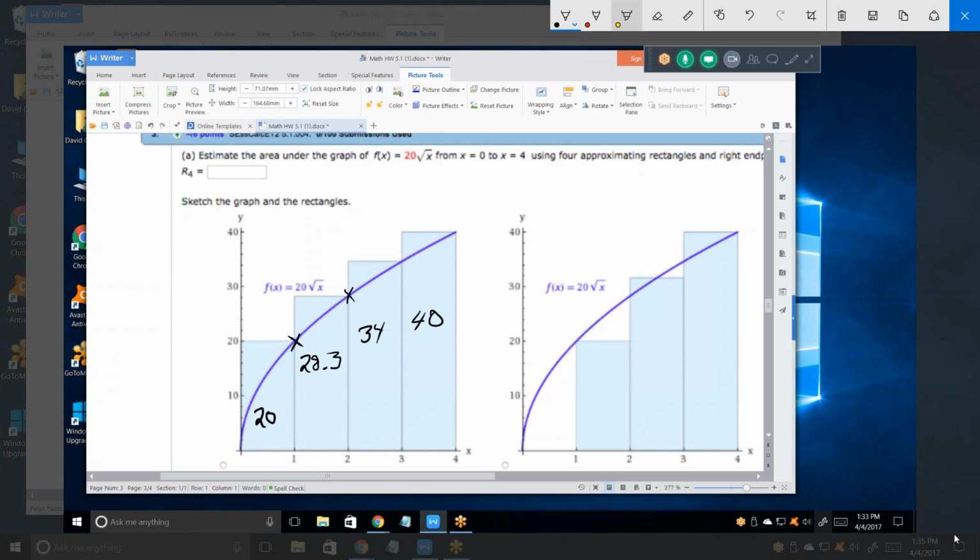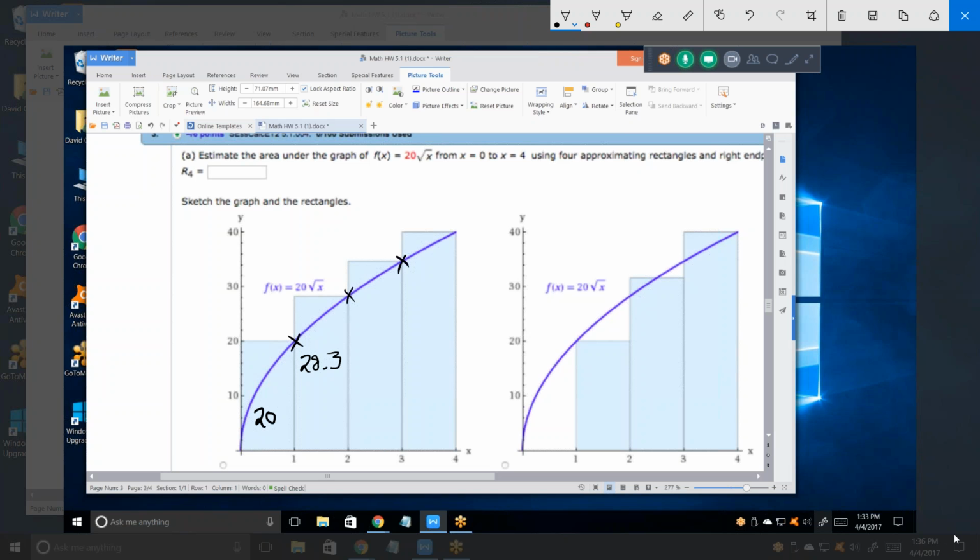Notice how we're doing these now. We're not reading the values off of the chart. We're plugging in the x coordinate into the function. So what is this value? What is that height? Let's see, like 34.6. So that's 20 root 3? Yes.